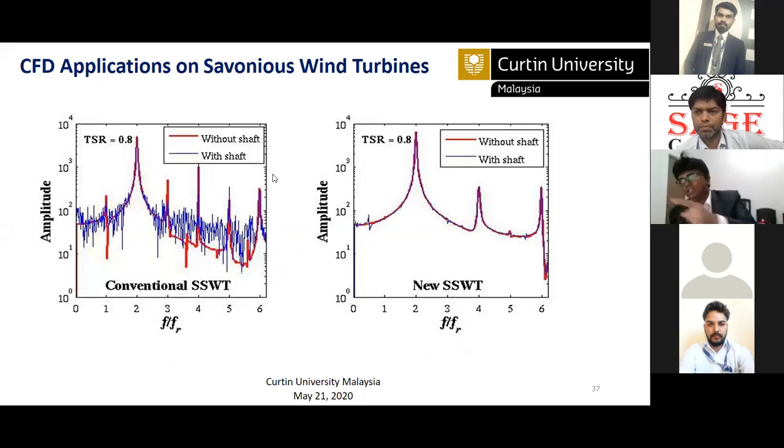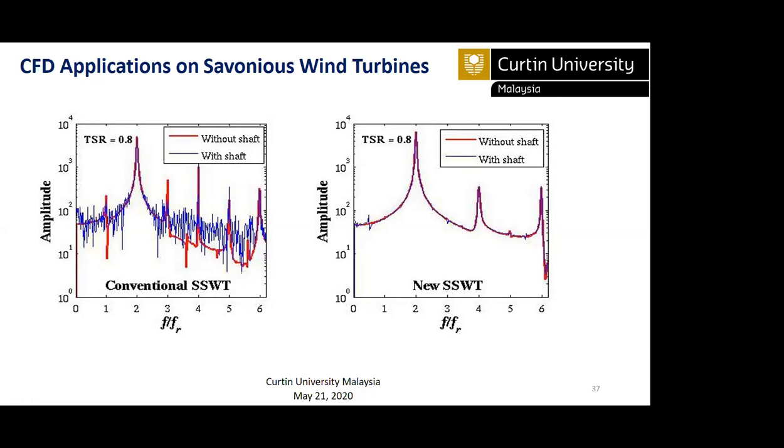If you see those FFTs, you can easily identify that in a semicircular turbine, the disturbance caused by the shaft is very significant. When you predict turbine performance without the shaft for a semicircular design, you will get maybe an efficiency of 30%, whereas from a practical point of view, the efficiency will not be that high. It may end up at 18% or 20%.